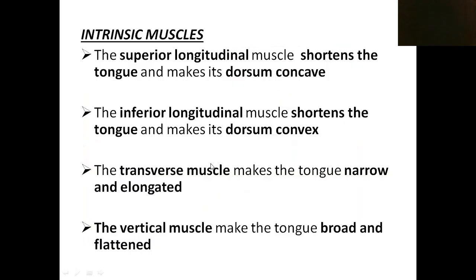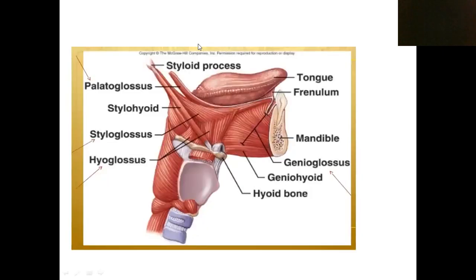Then the transverse muscle extends from one side to another side, which narrows the tongue. Then the vertical muscle, which flattens the tongue. The vertical muscle extends from the dorsal surface to the ventral surface, from here to here, and it flattens the tongue.